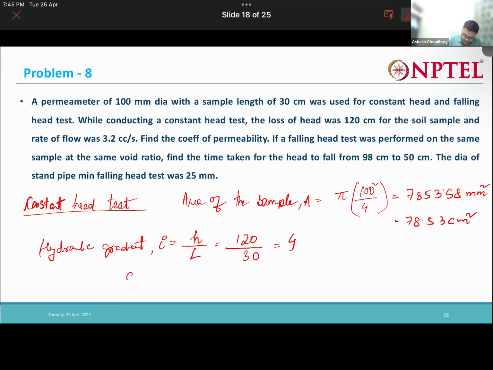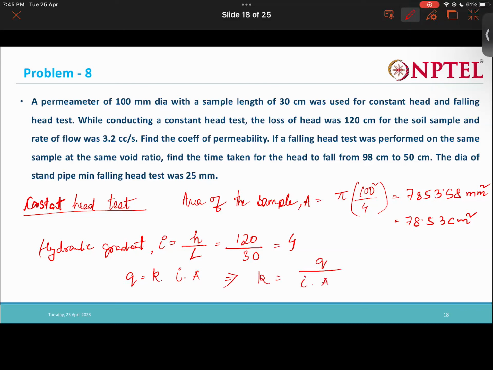Now we have the relation Q is equal to K I A. From here we can find K. Sir, this formula K equal to QL upon HA, we are not using it? It is the same only. It has come from Q is equal to K I A only.